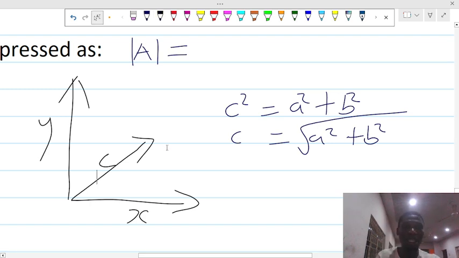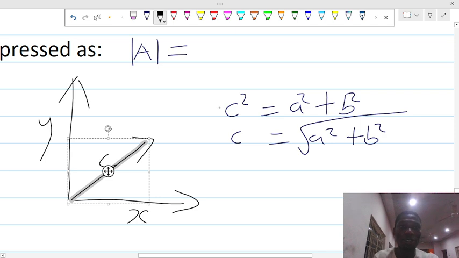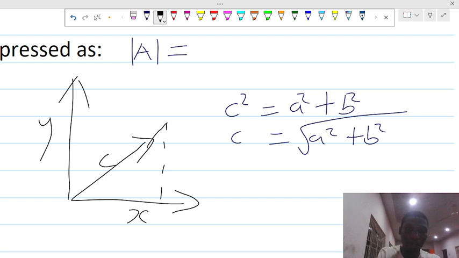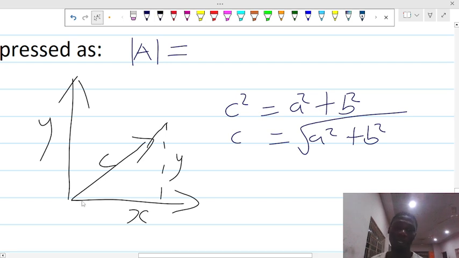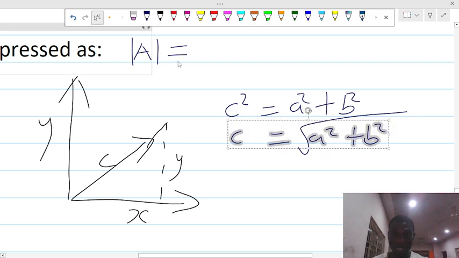Of course, this is the same as this, and the same for y here, since opposite sides are the same. Since we have this for C, it simply means this C is the same as this in magnitude.